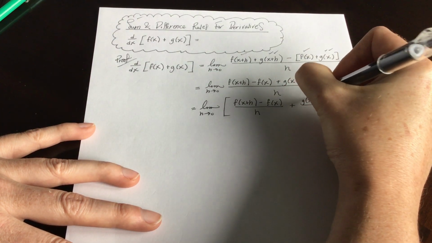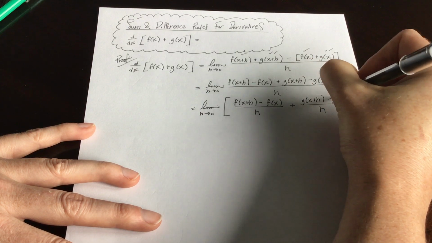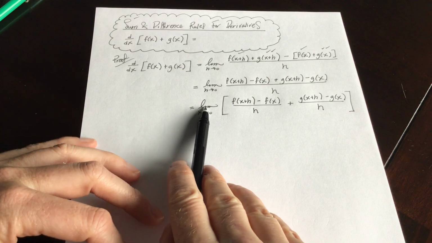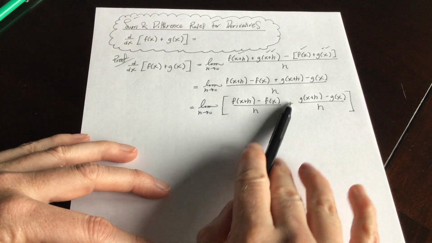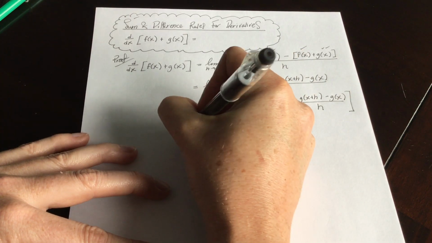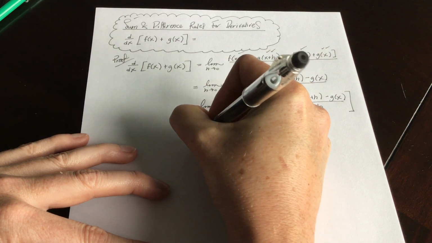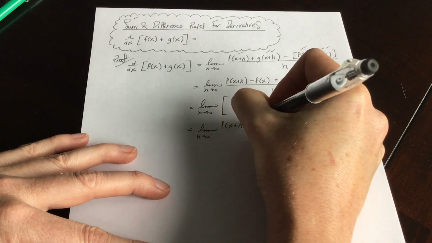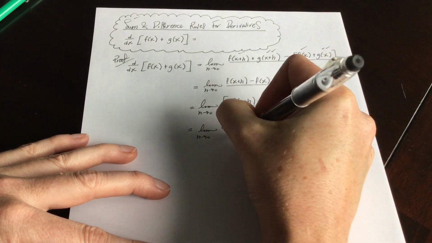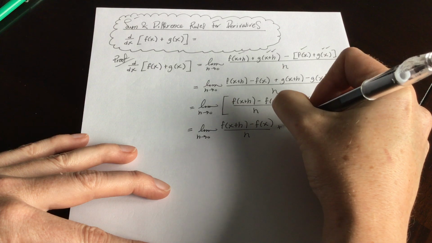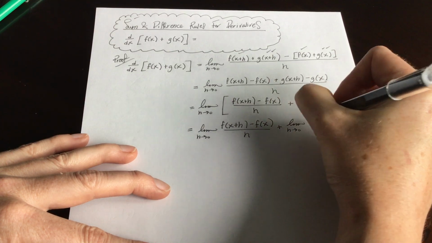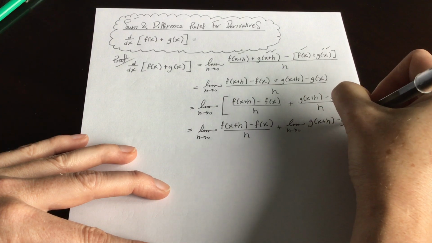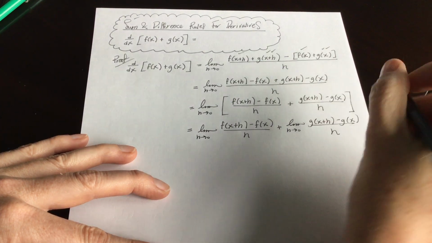And then the rest, g of the quantity x plus h minus g of x all over h. The next step is where you use a property of limits and you distribute the limit over addition. So we could rewrite this as the limit as h goes to 0 of f of x plus h minus f of x all over h plus the limit as h goes to 0 of g of x plus h minus g of x all over h.